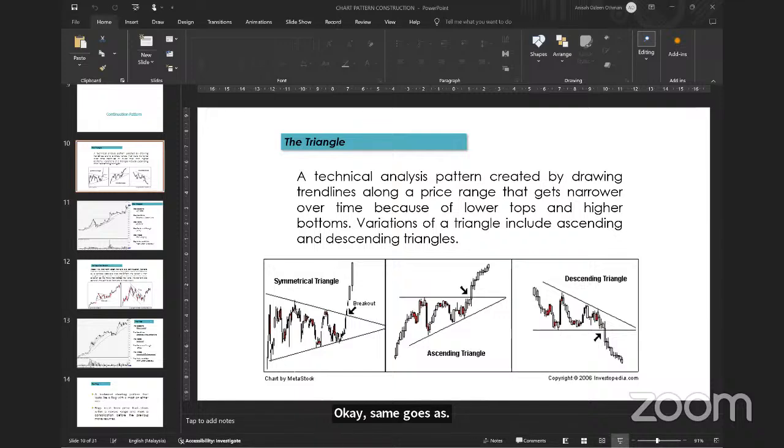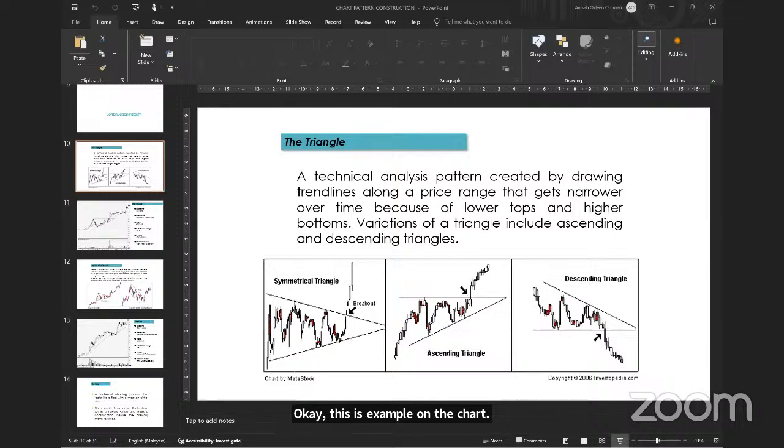You measure the height, X, so that will be the X. That's how you use the double and triple bottom chart pattern. This is an example on the chart. This is a double bottom.